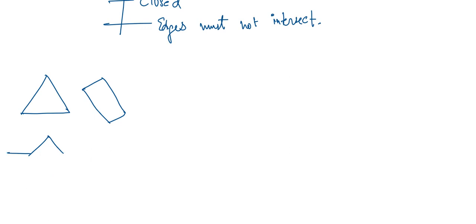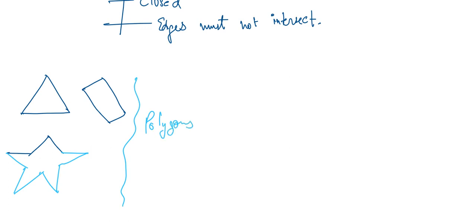Let me just draw it carefully. Okay, so since all the lines are straight lines, this is also a closed figure wherein the edges are not intersecting, so I would categorize all these figures as valid polygons.